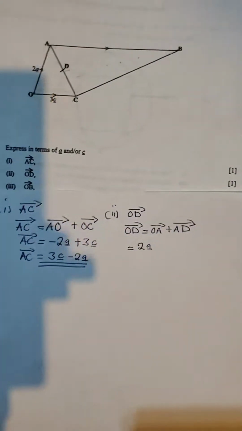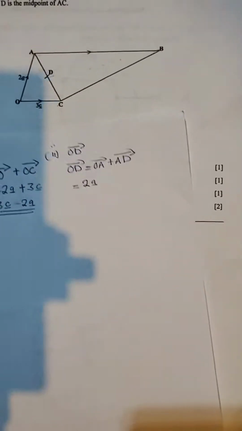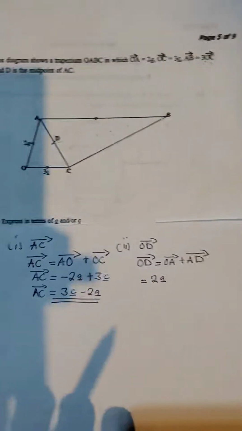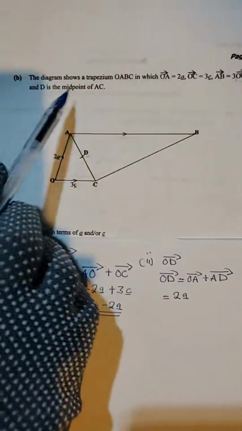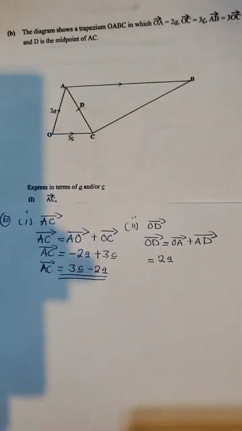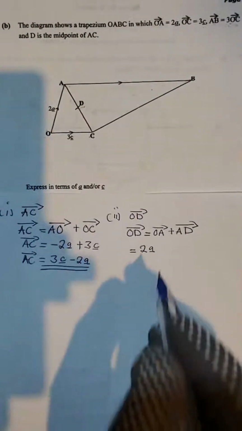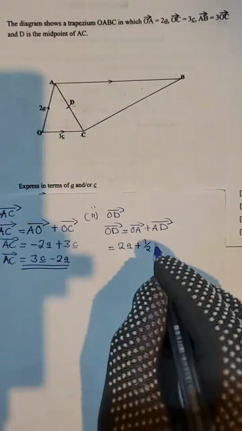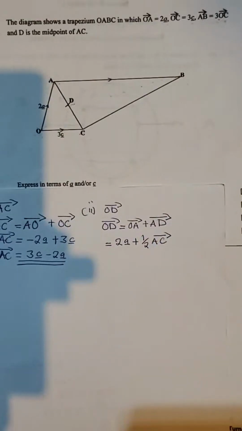Now, what is AD? Check. In the instruction here, we are told that D is the midpoint of AC. So, meaning this is half of AC. Simple. We follow that instruction and say half, which is 1 over 2, times AC.